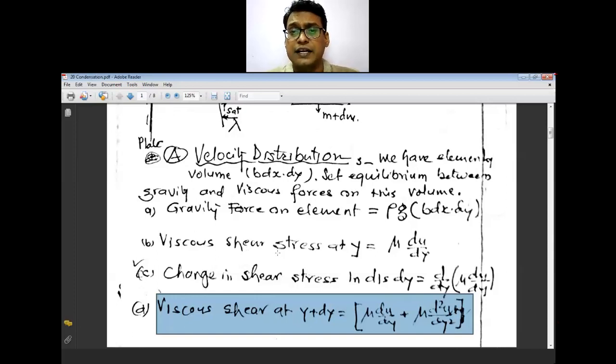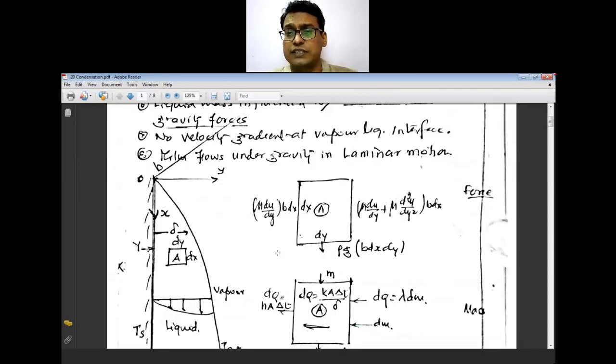Then second is the gravitational force on this element. Because of gravity, this fluid is moving downwards, and this gravitational force is rho g into the volume.